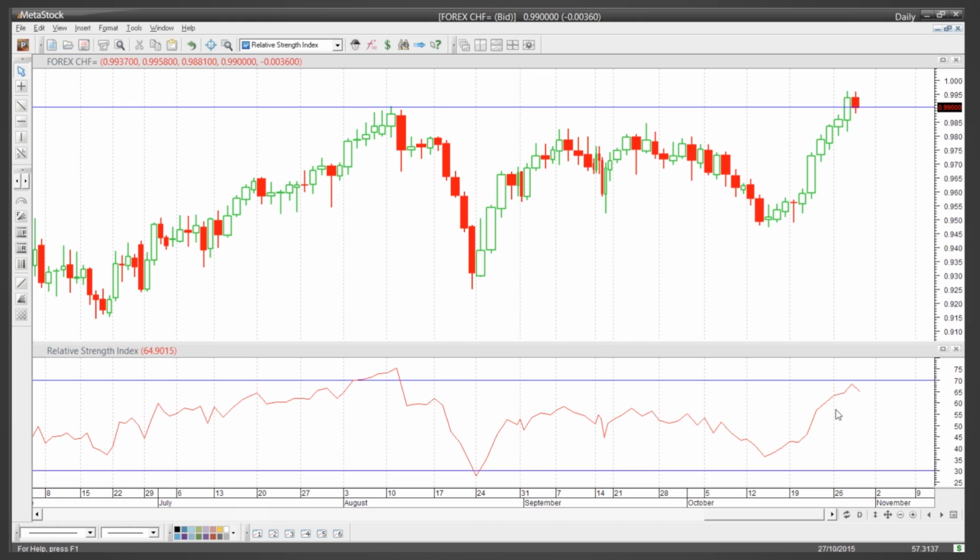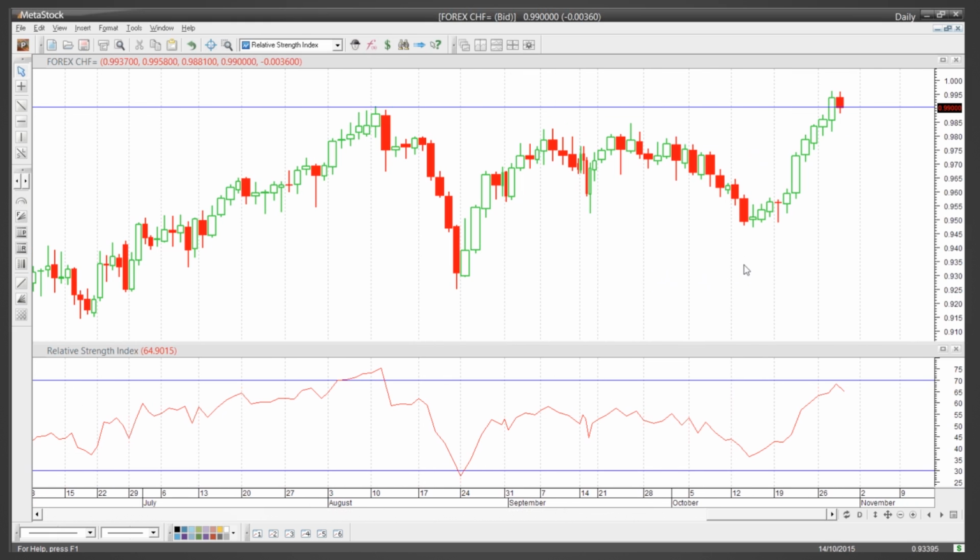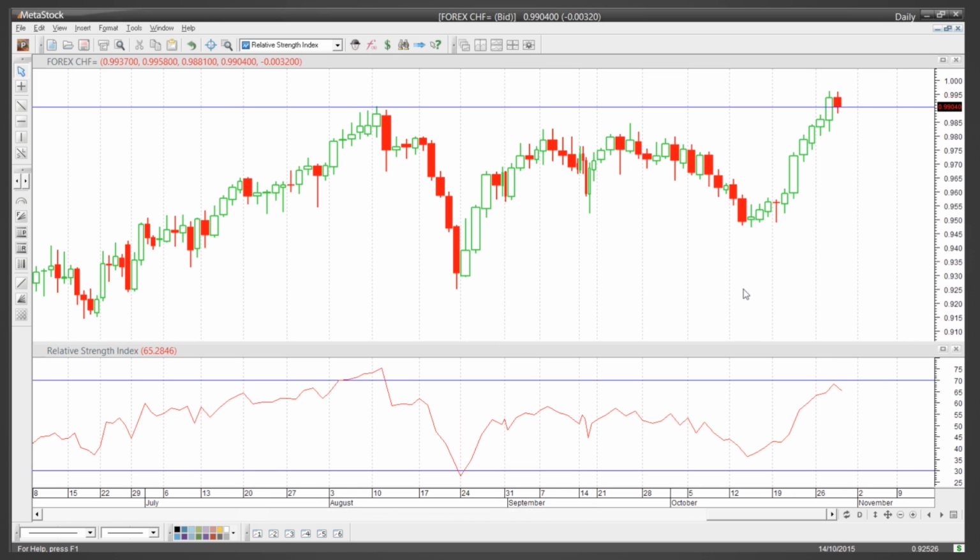We can see that RSI is actually lower, signaling to us that bullish momentum is likely leaking from the market at this point. So this is a good chart to keep an eye on over the coming days and weeks, I suspect, because we get price moving into these key structural levels and RSI not confirming the move, and again there is a strong likelihood that we start to see a reversal here. So if we start to get some candle closes below this horizontal level, we could be due a pullback in the dollar Swiss from these levels.